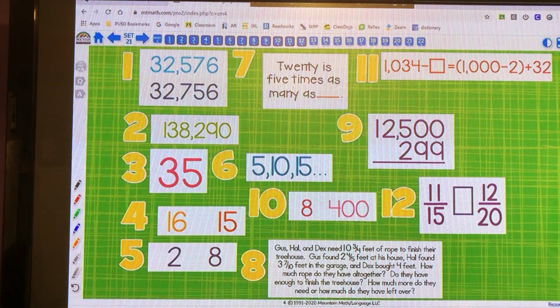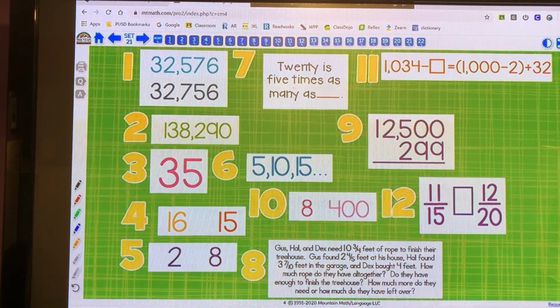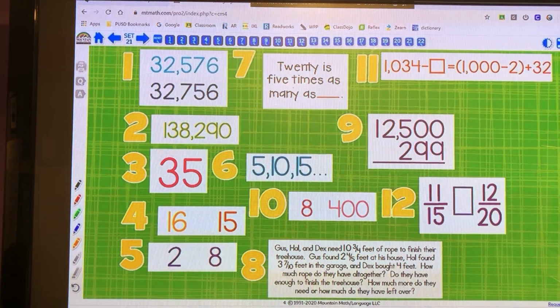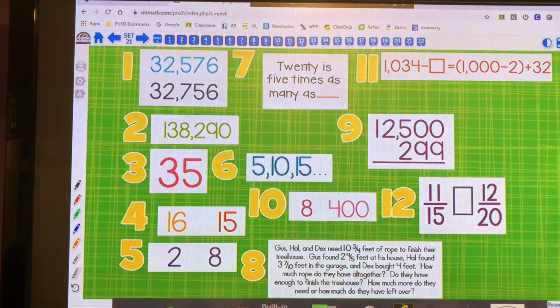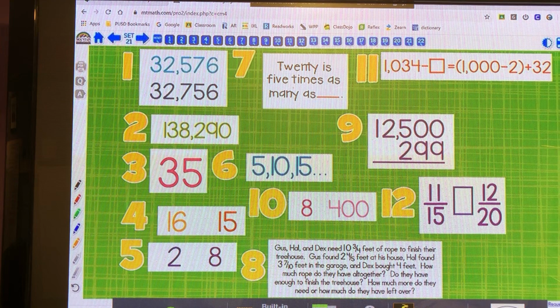Okay. At the end of the day, what do they need? They need 10 3/4 feet of rope. How much rope do they have altogether? Do they have enough? And how much more do they need, or how much are they going to have left over?